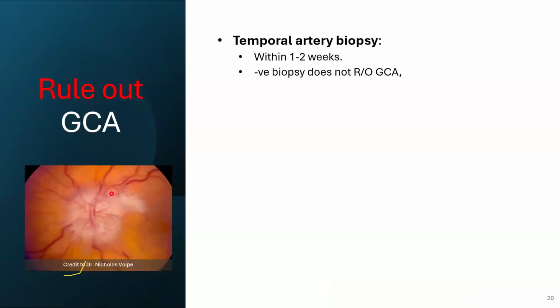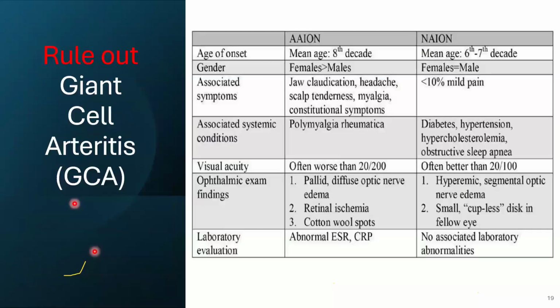So if you see this picture, this is GCA until proven otherwise. So we call it pallid diffuse optic nerve edema with retinal ischemia, like cotton wool spot. And when you do the ESR and C-reactive protein, they are high. The normal ESR is age divided by 2, and in females, age divided by 2 plus 10.